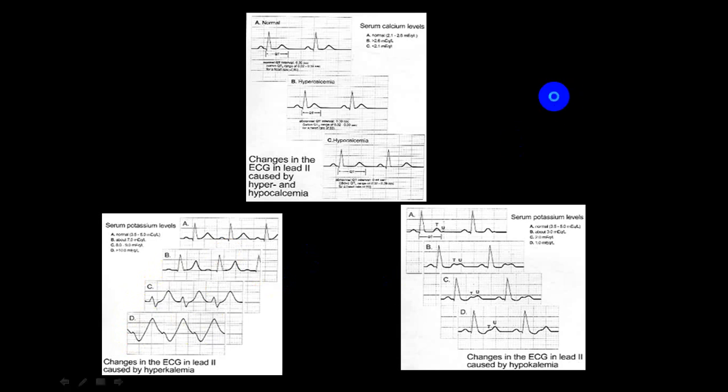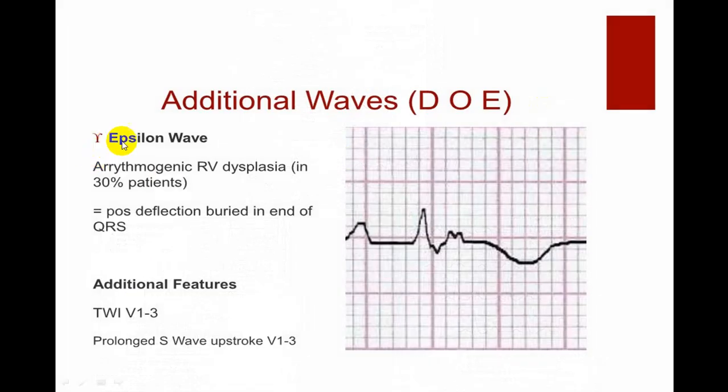I've already explained this before. This is the epsilon wave. You can see the QRS complex. There is an S wave which is widened, and then you have this notch here. This is the epsilon wave, and then there is a T wave inversion. This is characteristic of an epsilon wave in a case of ARVD, arrhythmogenic right ventricular dysplasia, and these people are more prone to develop VT, VF and sudden cardiac death.